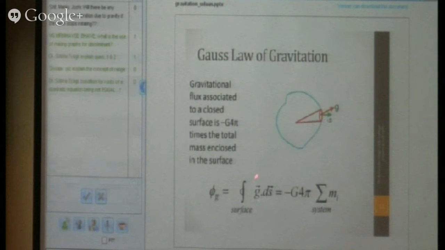g is the acceleration due to gravity or gravitational field intensity. This ds is a small surface element. Surface element is always taken perpendicularly outward. Take a dot product.